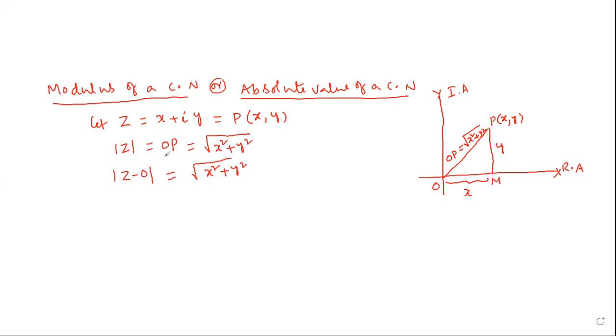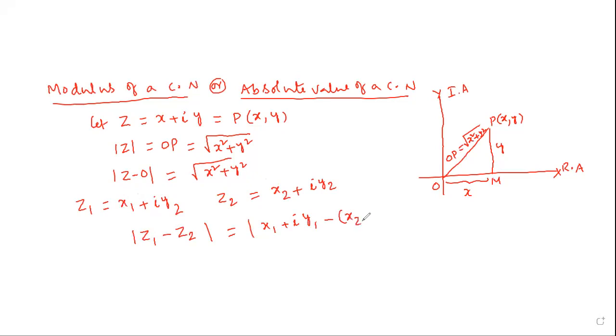Similarly, everyone observe, two points are given. Z1 is x1 plus iy1, and Z2 is x2 plus iy2. The distance between these two points is represented by modulus of Z1 minus Z2. So write down Z1 as x1 plus iy1, and minus Z2 as x2 plus iy2, by the algebraic subtraction method.